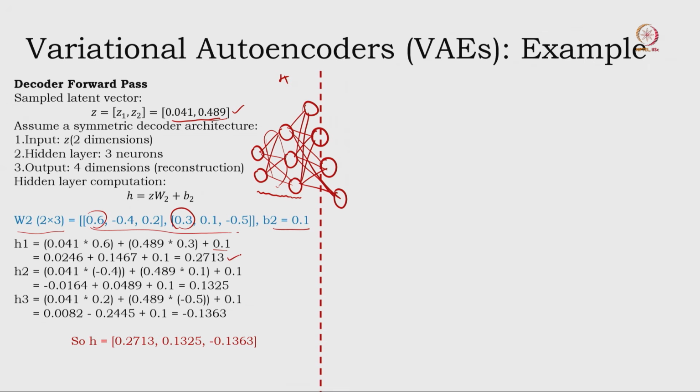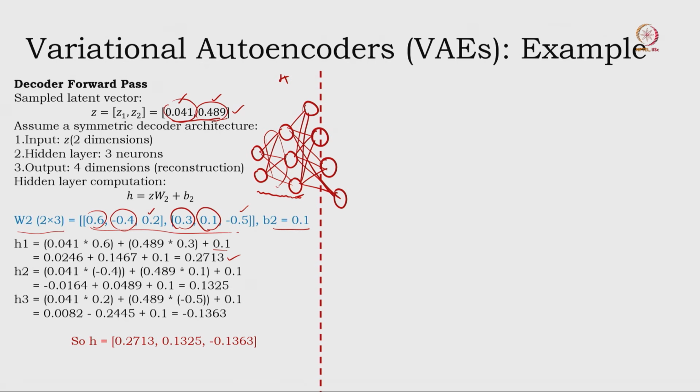Next, we have the second feature. So, we have 0.041 getting multiplied by this, and then this getting multiplied with this weight. And we have the third neuron. Again you are passing this input getting multiplied with this weight, and this input getting multiplied by this weight, and then the bias term.